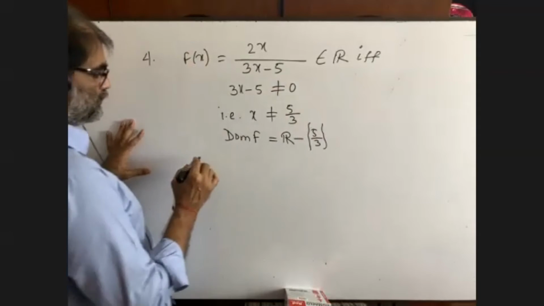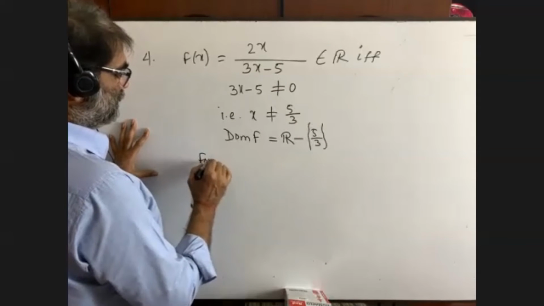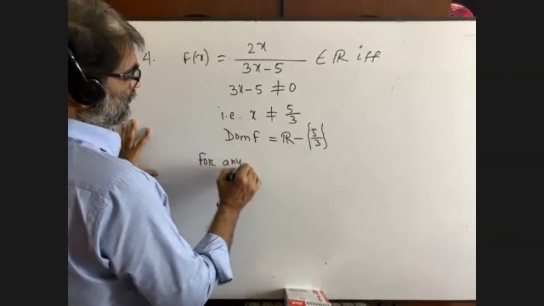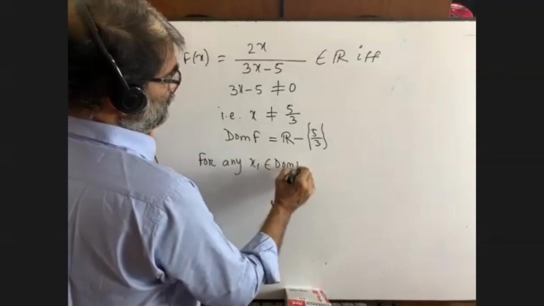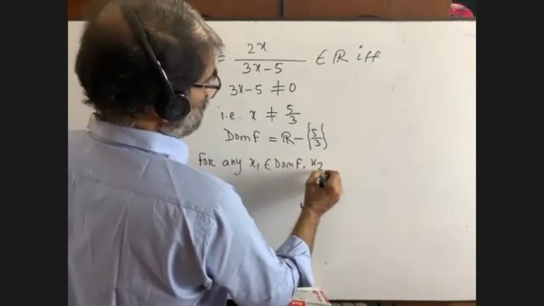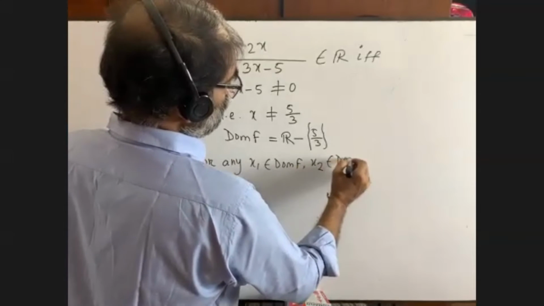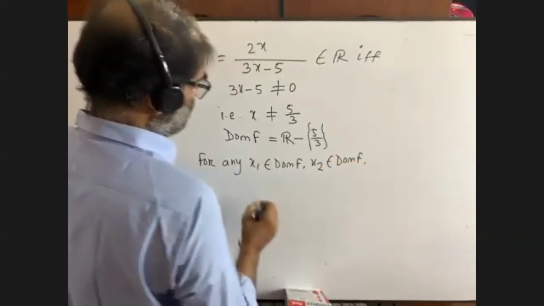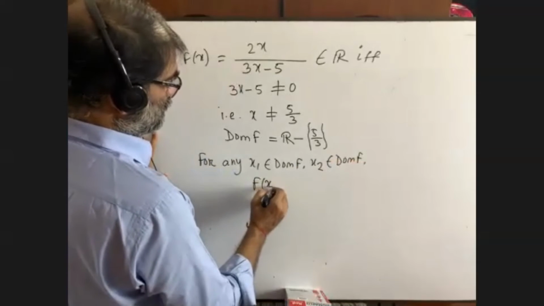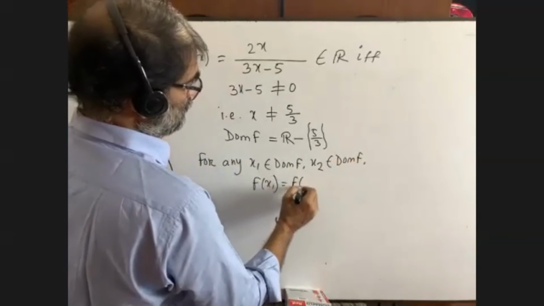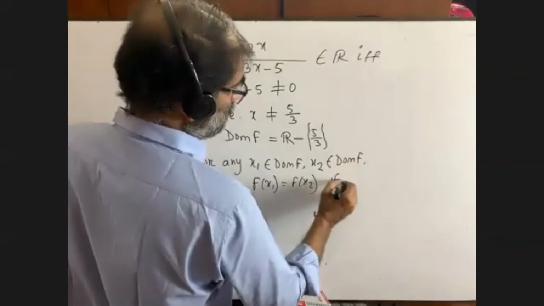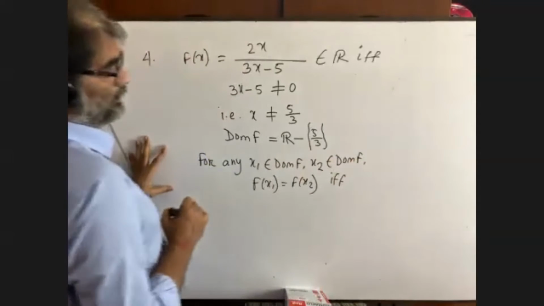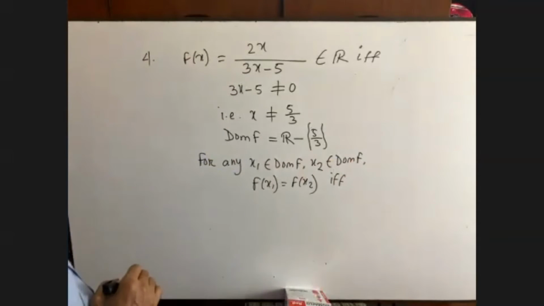So what should be written now? For any x1 belongs to the domain of f, x2 belongs to the domain of f, f(x1) equals f(x2) if and only if. Now do.